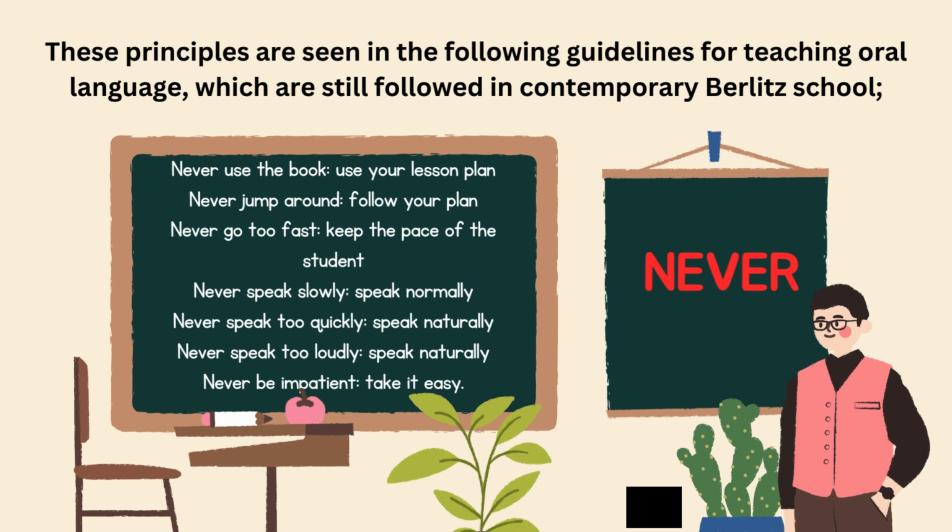A tip so that we do not run out of patience is to count 1 to 20. 1, 2, 3, 4, 5, 6, 7, 8 until 20, and inhale, exhale, and then take it easy. Because the role of a teacher is to understand the students, especially since they have different characteristics.